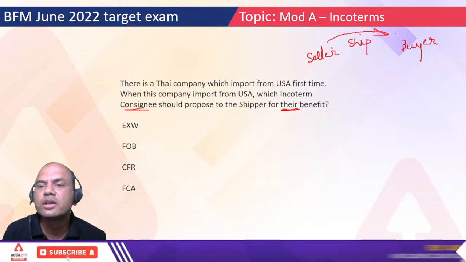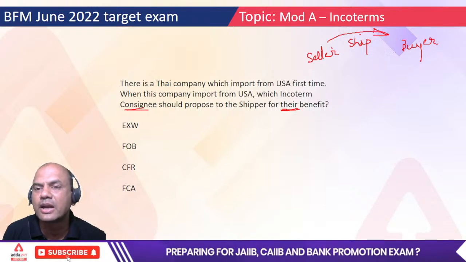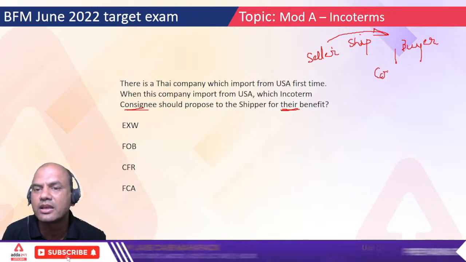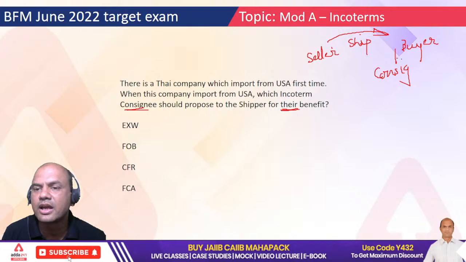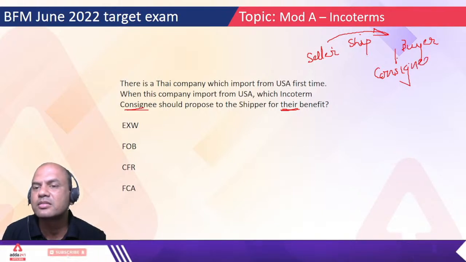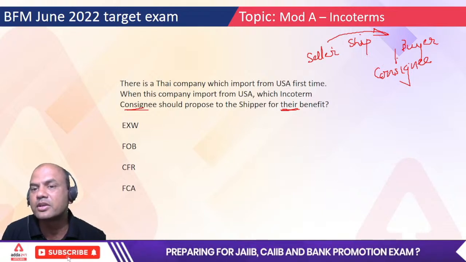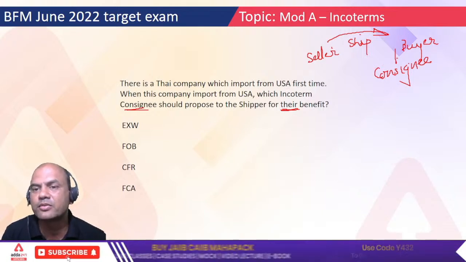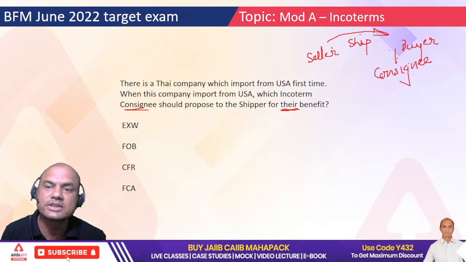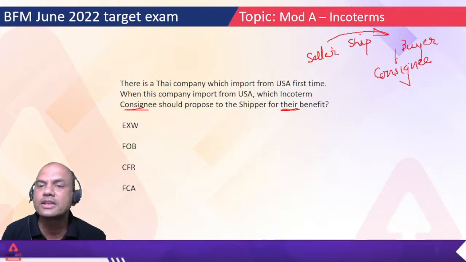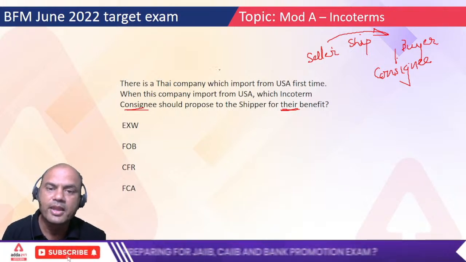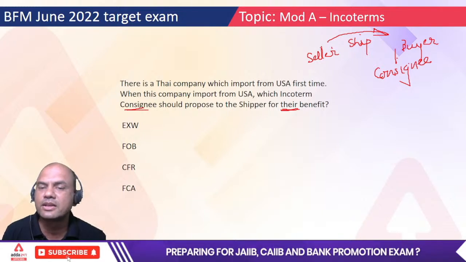So here who will receive the goods? That person is known as the consignee. You might be receiving goods from Amazon. If you look at the sticker on that Amazon package, at the front part, you'll always see the name as consignee. Consignee means receiver, and shipper means the person who is selling.